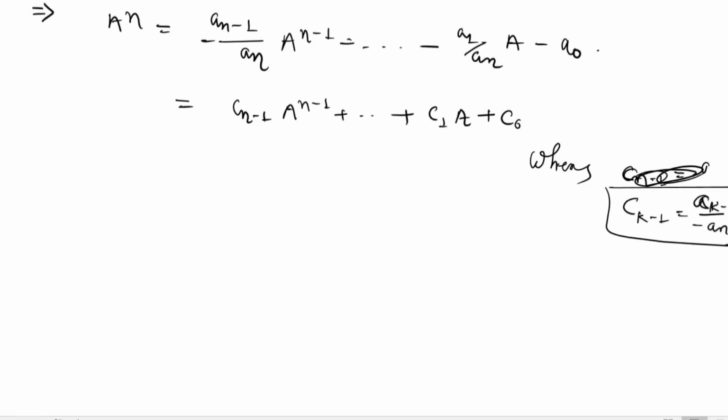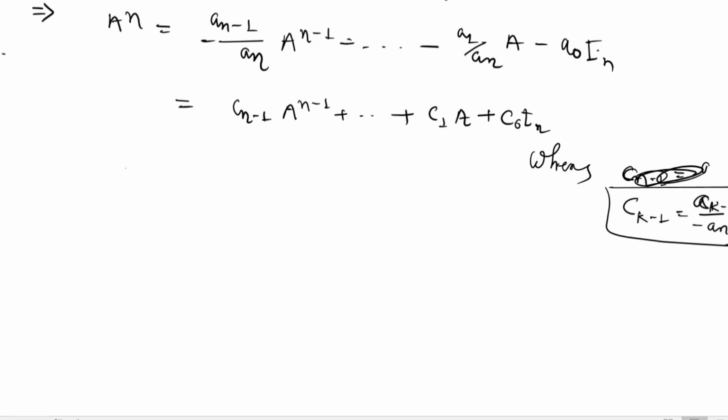So A to the power n can be written as a linear combination of the set I, A, ..., A to the power n minus 1.